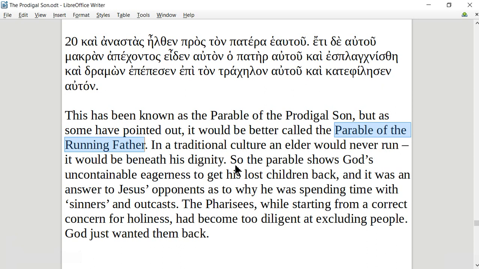So the parable shows God's uncontainable eagerness to get his lost children back, and it was an answer to Jesus' opponents as to why he was spending time with sinners, so-called sinners, and outcasts. The Pharisees, while starting from a correct concern for holiness, had become too diligent at excluding people, too good at excluding people. God just wanted them back.